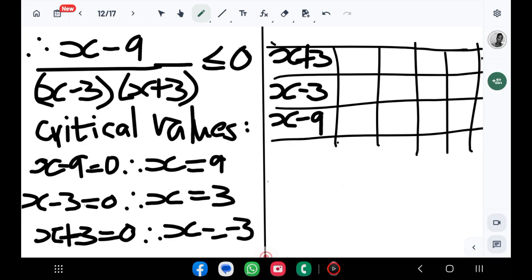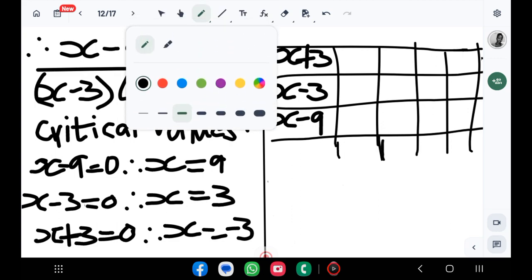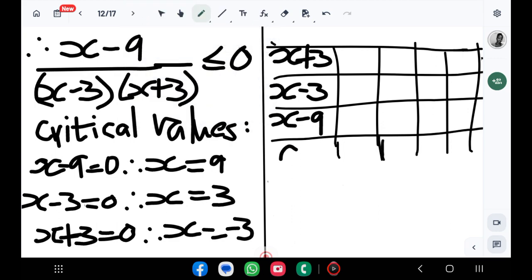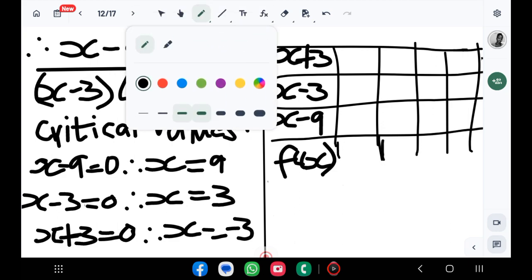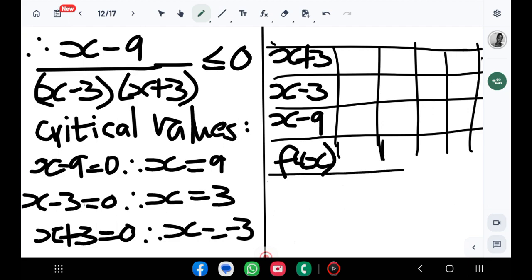And then the last one is f of x. Remember, f of x is x minus 9 over x minus 3 times x plus 3. Very important. That's our f of x. Okay, let's fix the table now.